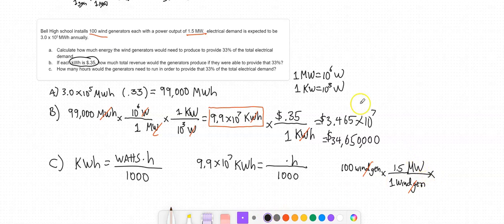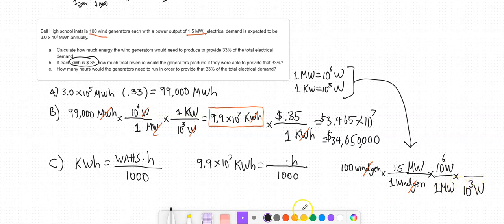And so I am going to have to use these two conversion factors right here to make this kilowatts. So 1 megawatt is 10 to the 6 watts. 10 to the 3rd watts. Oh no, that's actually as far as I need to go because I need it in watts, and I am there. One step. So if I put that into my calculator, I get 1.5 times 10 to the 8th watts.